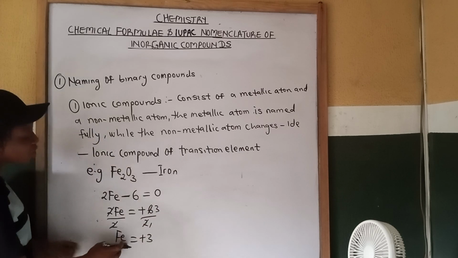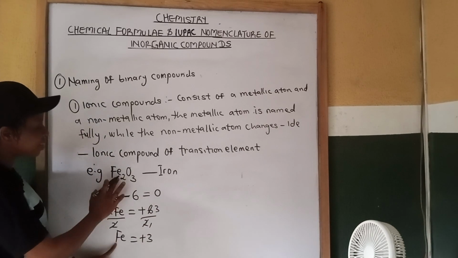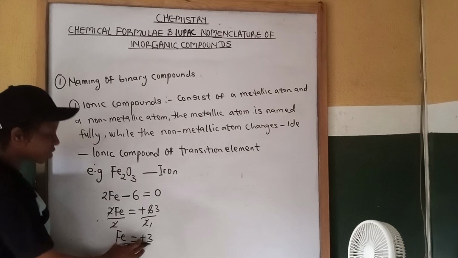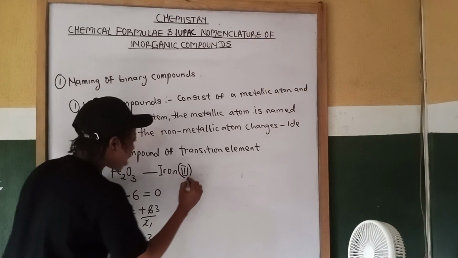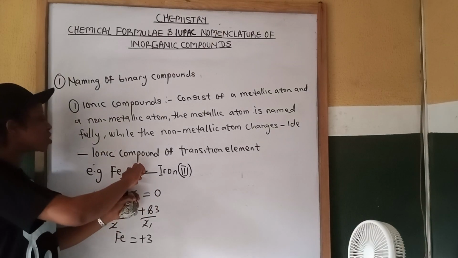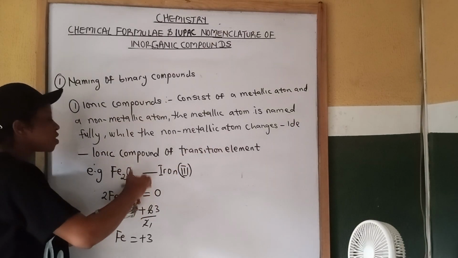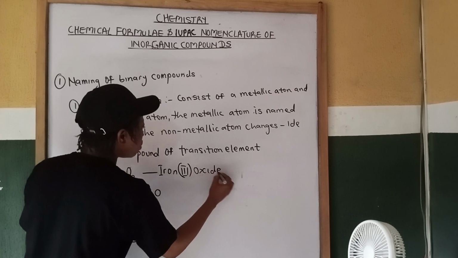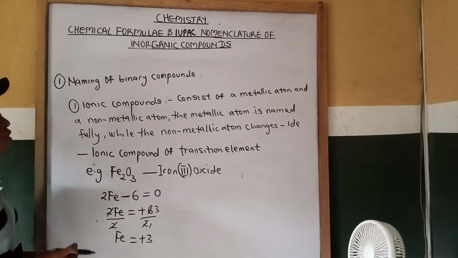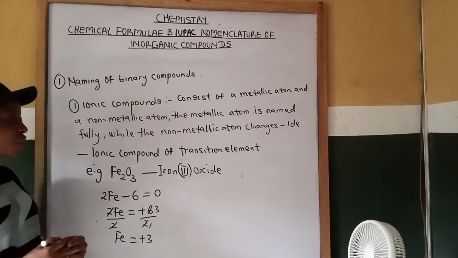So the oxidation number of Fe, that is iron, from this compound is 3. So you call it iron 3. Oxygen will change to oxide. So the name of this compound is iron 3 oxide.